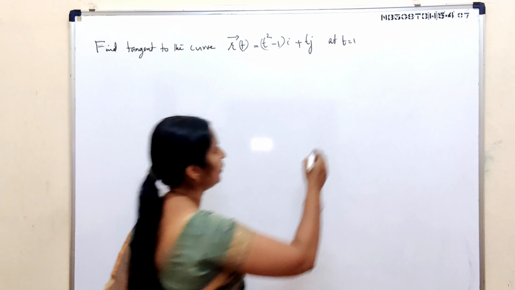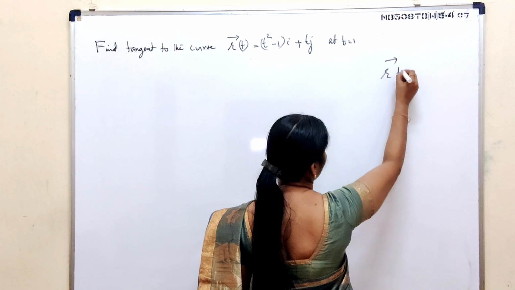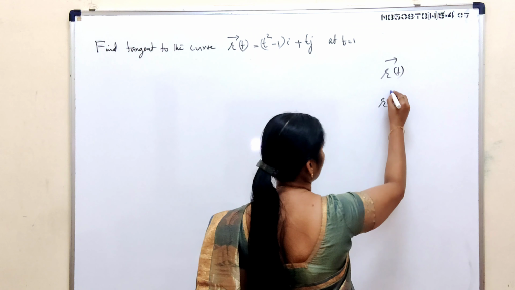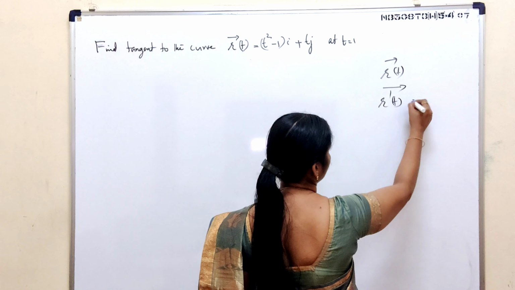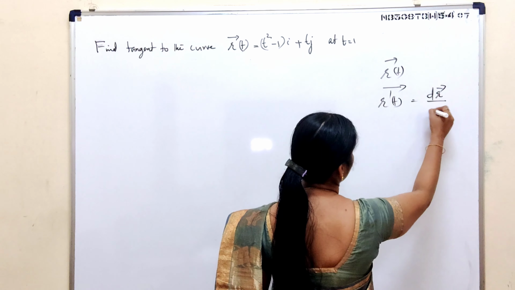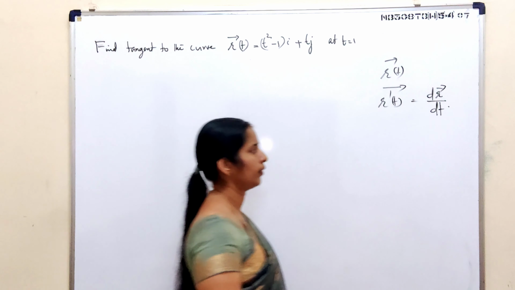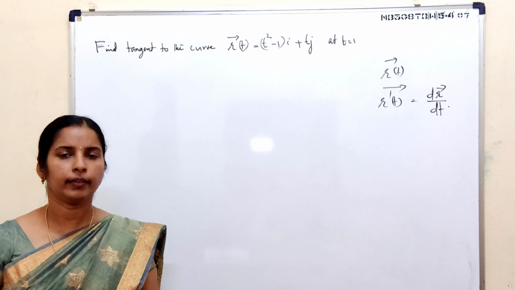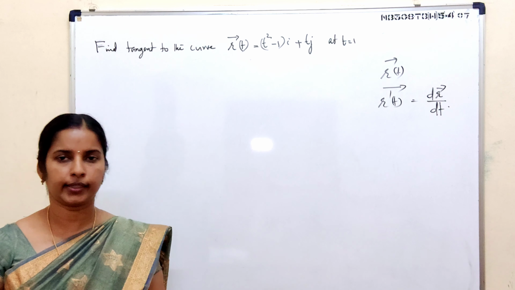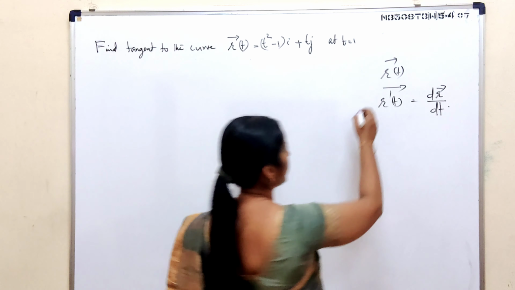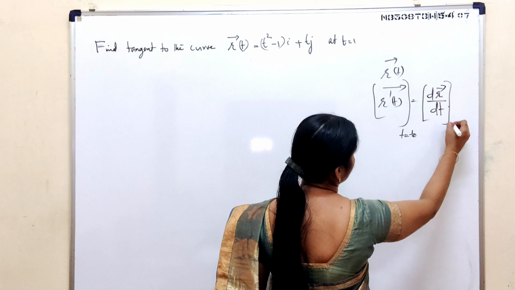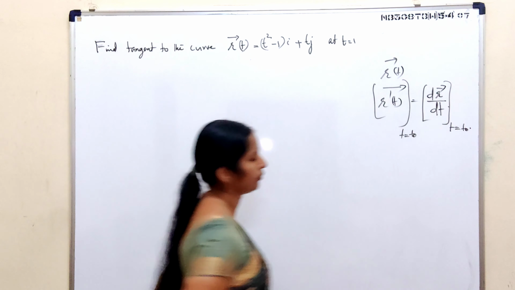Suppose we have the curve r(t), then its tangent is r'(t), that is dr/dt. That is the geometrical meaning of the derivative dr/dt. This is the tangent. Then how to find the tangent at t = t0? It is dr/dt at t = t0.